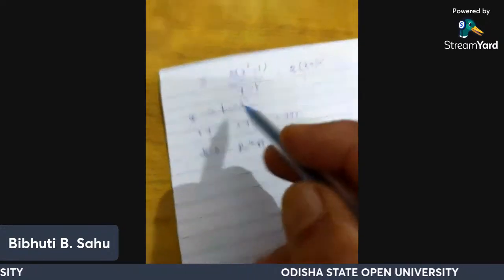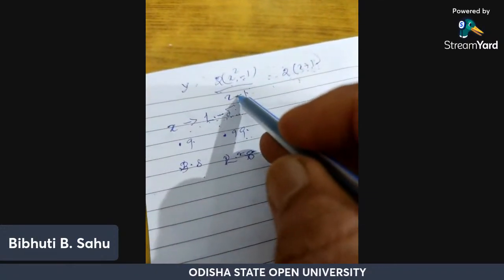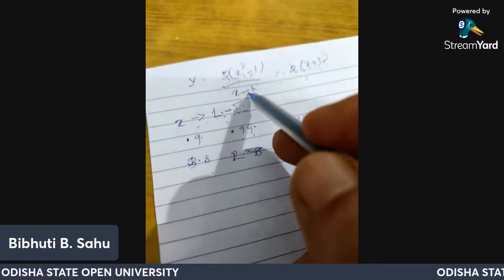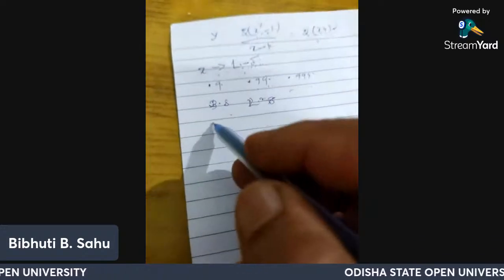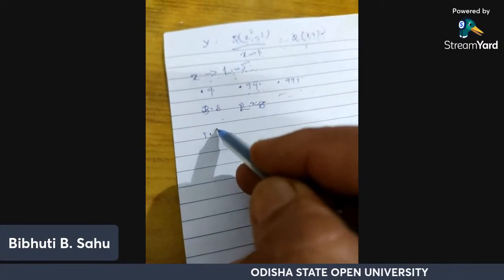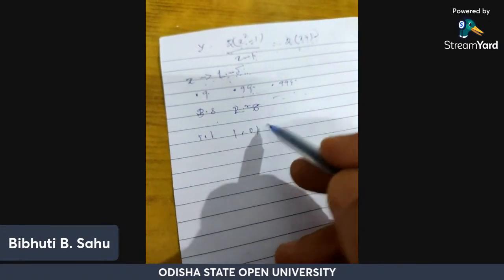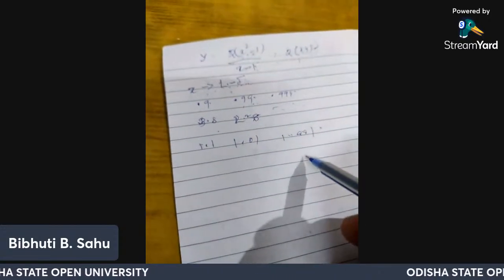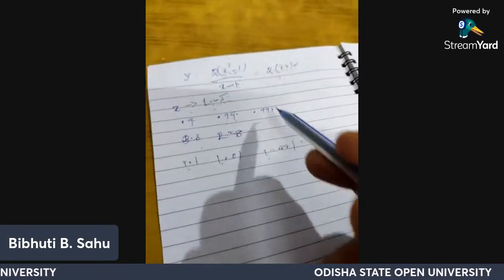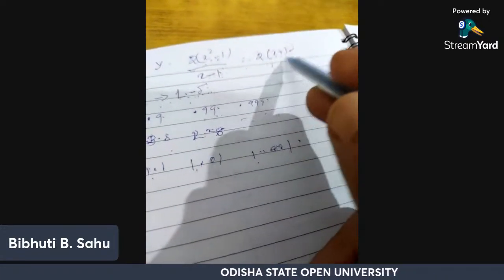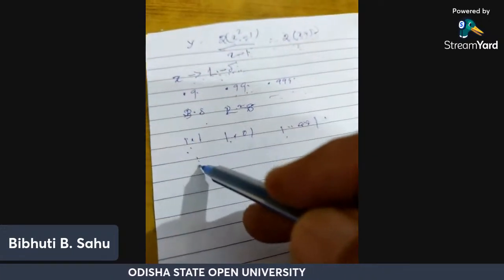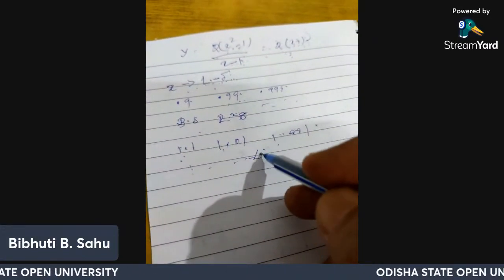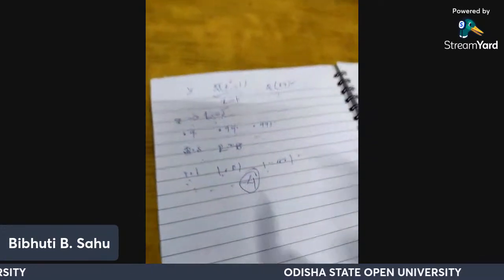And again, as I have told you, x tends to 1 implies it may be less than 1 or greater than 1. So it may be like 1.1, 1.01, 1.001, and likewise. When these values are put in the formula, 2 into x plus 1, we also get a value that approximates 4.